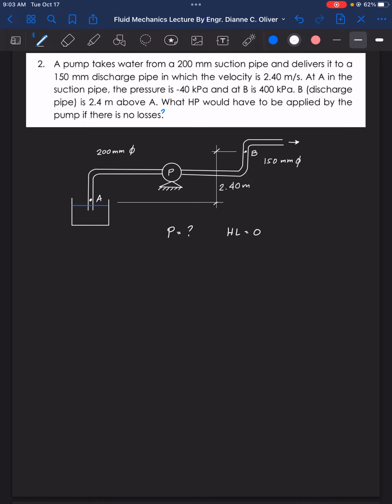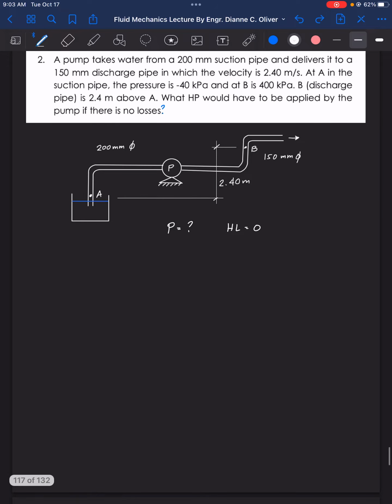So if we're looking for the power, and we're using a pump here, EA plus head added is equal to energy at B plus head loss. But since head loss is 0, we can cancel it.